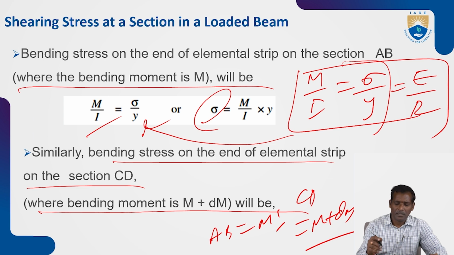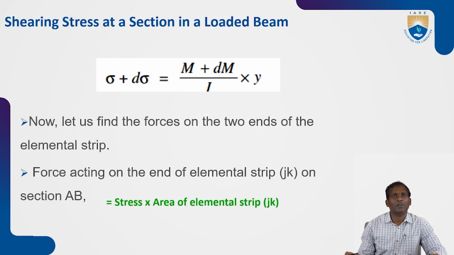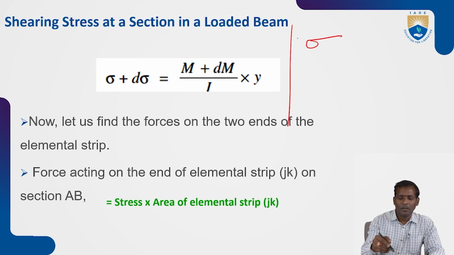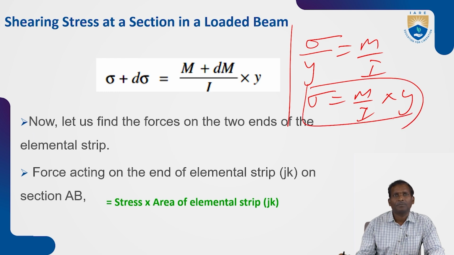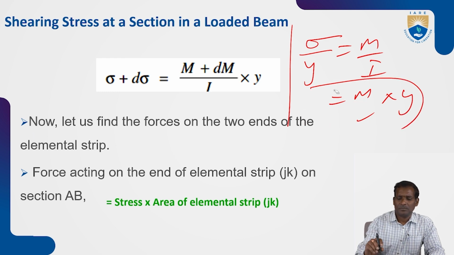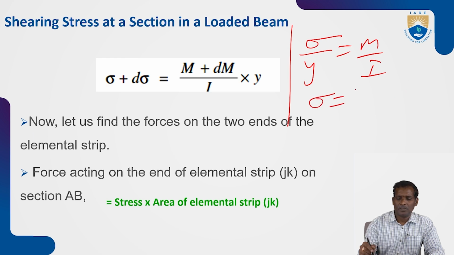For the CD section, from the previous equation sigma by y is equal to M by I, so sigma is equal to M by I multiplied with y.